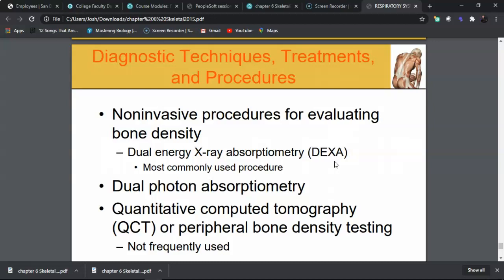And so if someone is on the way to developing osteoporosis but isn't there, this DEXA scan can actually take images of the femur and the vertebra, which are the two most common areas to see the osteoporotic changes, and that's what it primarily focuses on.